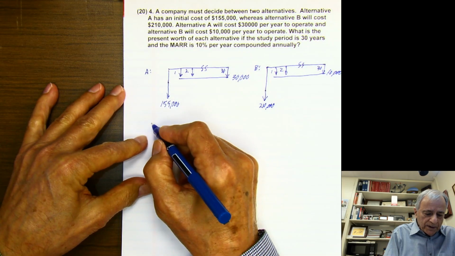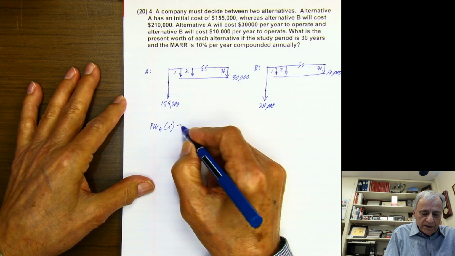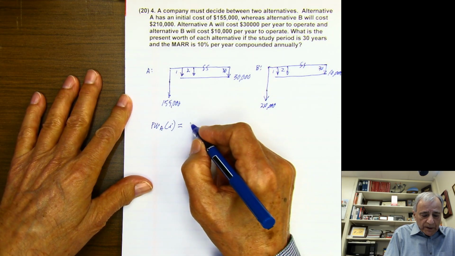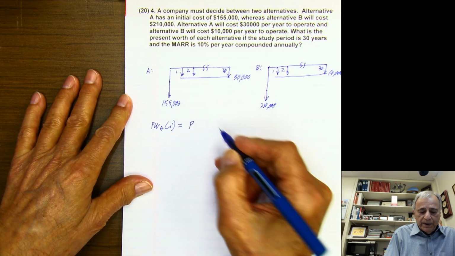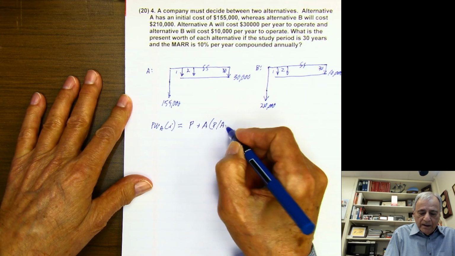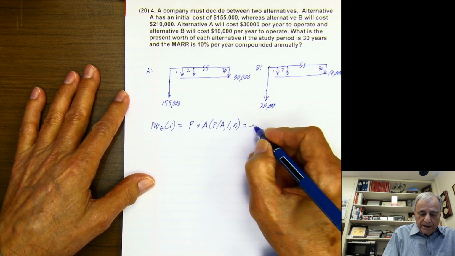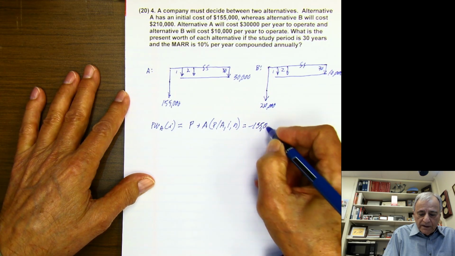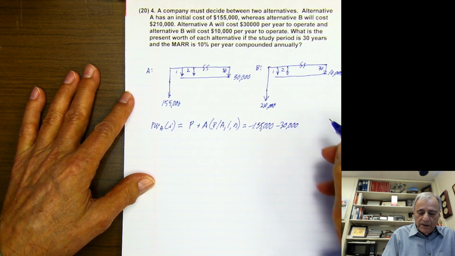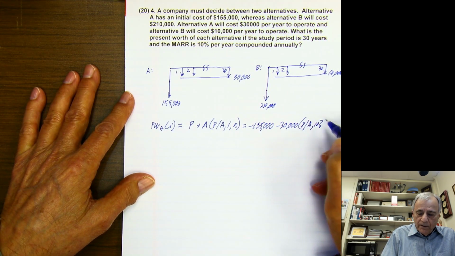So the present worth of A at rate I, or at the MARR, this is the generic formula now, is equal to the initial cost, P, plus the annual operating cost, A, P given A, I, N. And this will be equal to minus 155,000, that's the initial cost, and minus 30,000, that's the A value, P given A, 10% for 30 years.